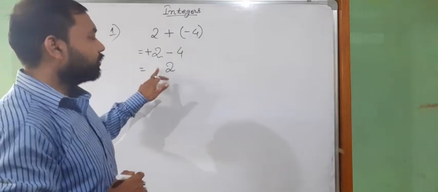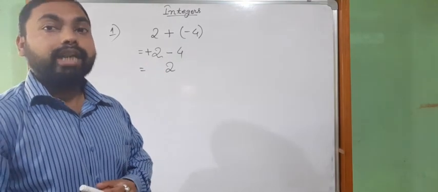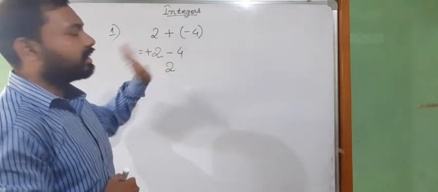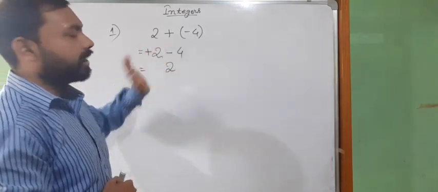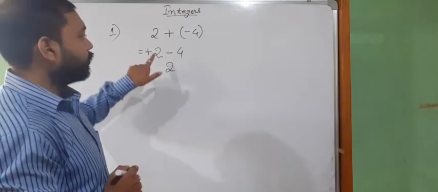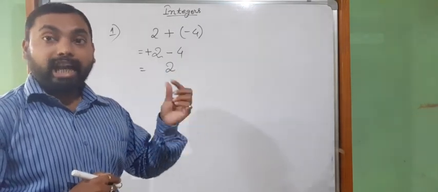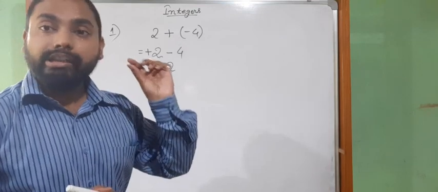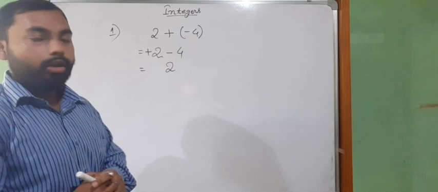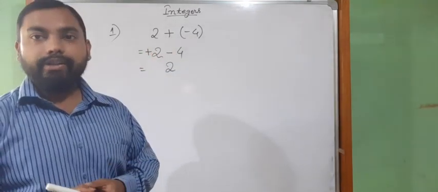And this sign depends upon the greater number. Now forget about these signs. If I ask you which is greater, 2 or 4? Definitely 4 is greater. The sign which is associated with the greater number, that sign you have to put here. So again I am repeating, from 2 and 4, which is greater?